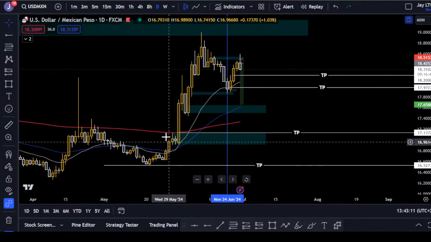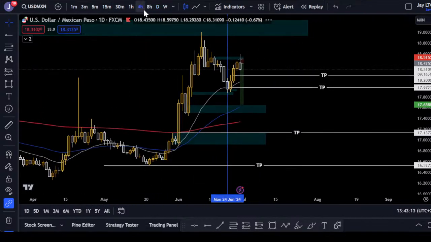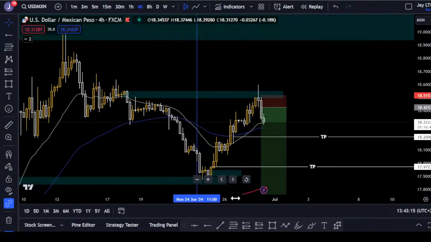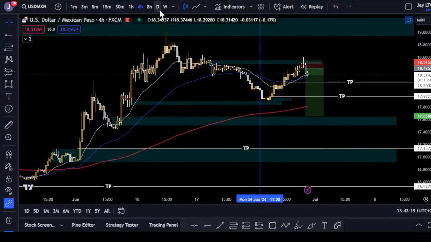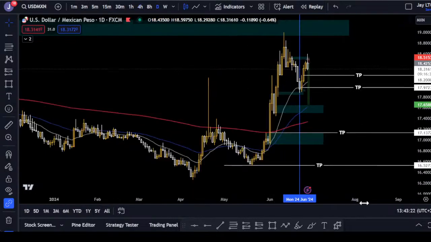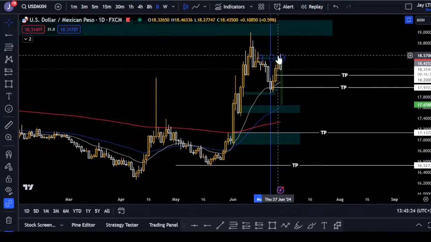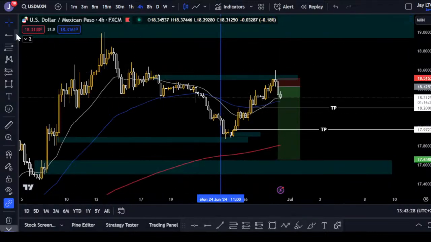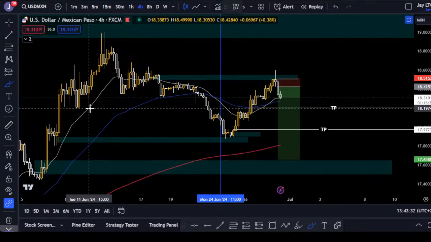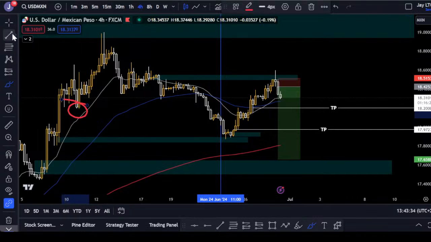Normally, structurally, you want to have more clear breaks of structure to consider this a long-term turn in trend. But we got this small 4-hourly market structure shift, basically from this low here.